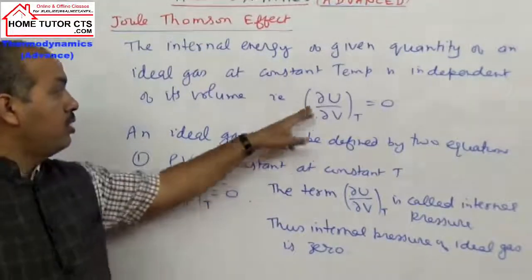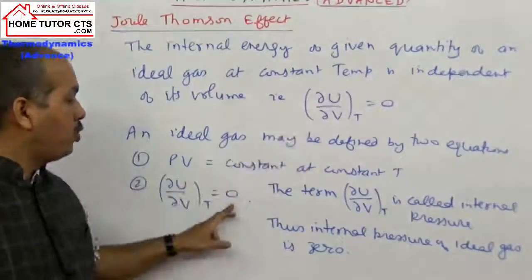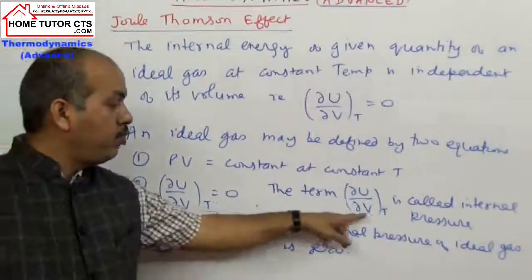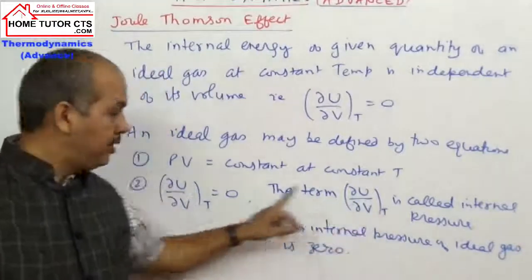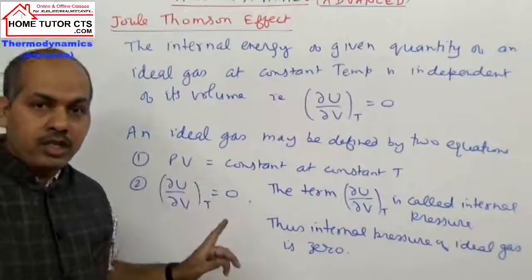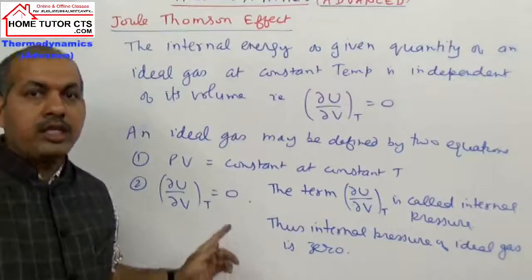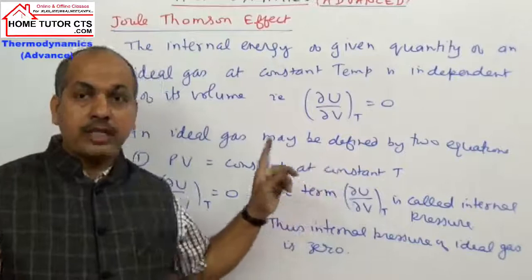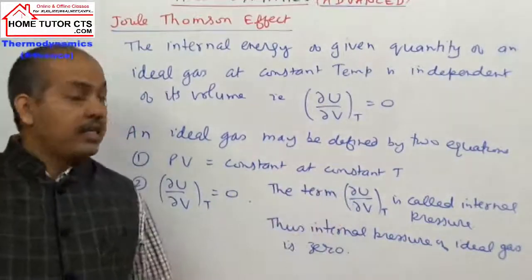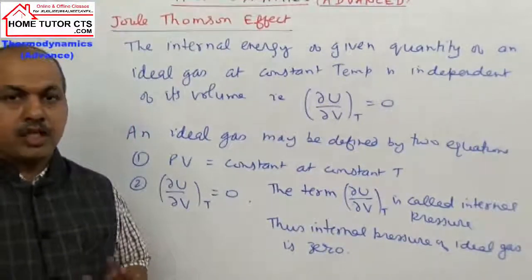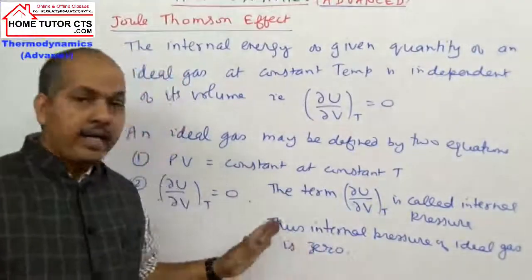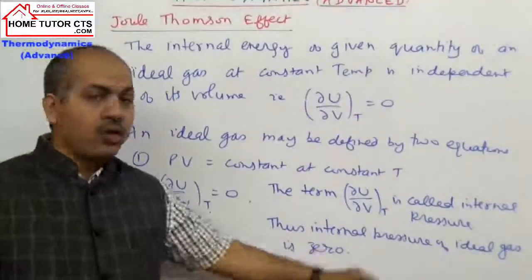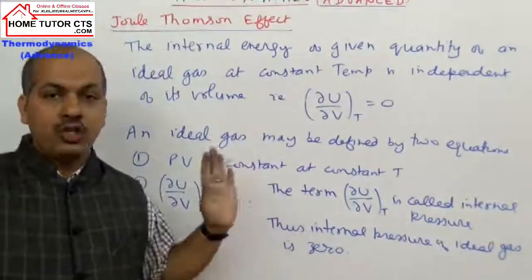Second, we can take this term del U by del V is 0 at constant temperature, and this T indicates the condition of constant temperature. So the term del U by del V at constant temperature is called internal pressure, and we can see from here that the internal pressure of an ideal gas is 0.